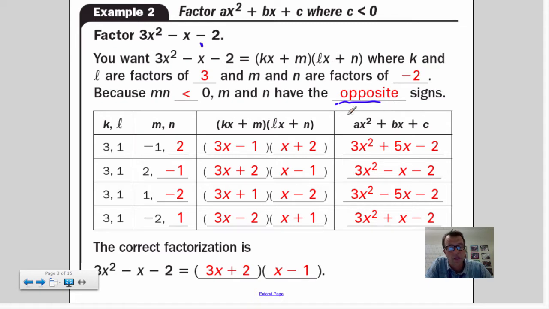So the combinations get actually a lot more here. So here 3 has factors of 1 and 3, or 3 and 1 in their order. And then check out all the possible ways that we can break down the factors of 2, where you're either positive 1 or negative 1, you're either positive 2 or negative 2. So you've got all these possibilities.